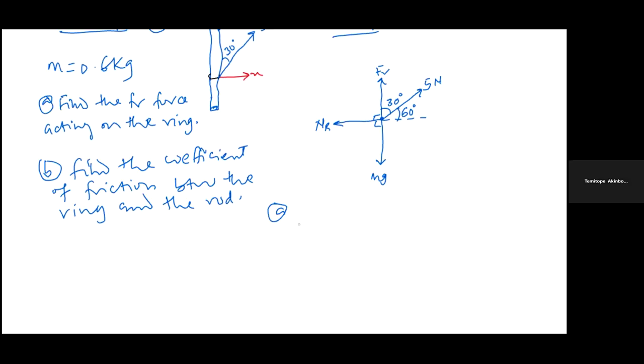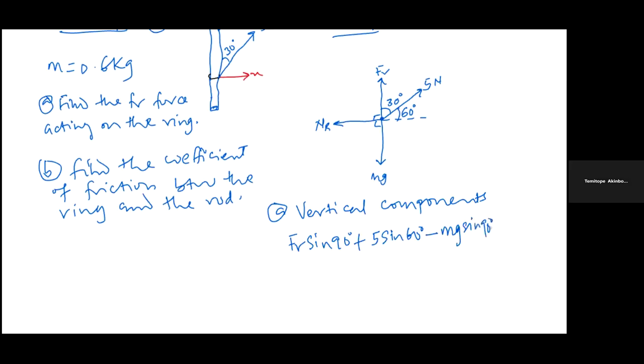So the vertical component will now be FR sine 90, because it's making 90 degrees to the horizontal, plus 5 sine 60, because 5 Newton is making 60 degrees to the horizontal, minus mg sine 90, because that's also making 90 degrees to the horizontal, equals 0.